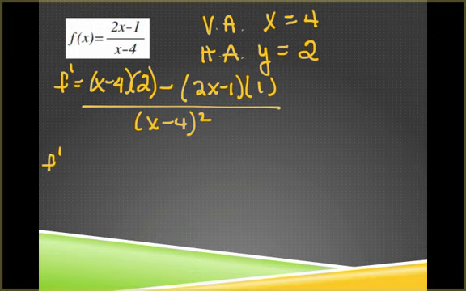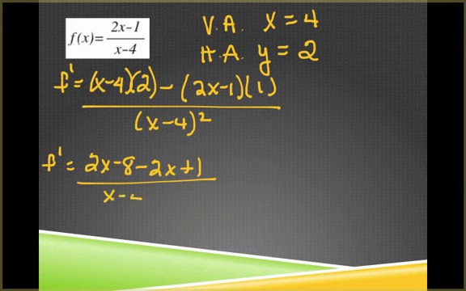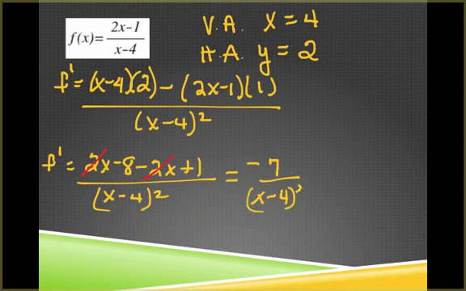I'm going to go ahead and do the distributive property: 2x minus 8 minus 2x plus 1 over x minus 4 squared. That simplifies down because the 2x and the negative 2x cancel, so I'm going to have just negative 7 over x minus 4 squared.